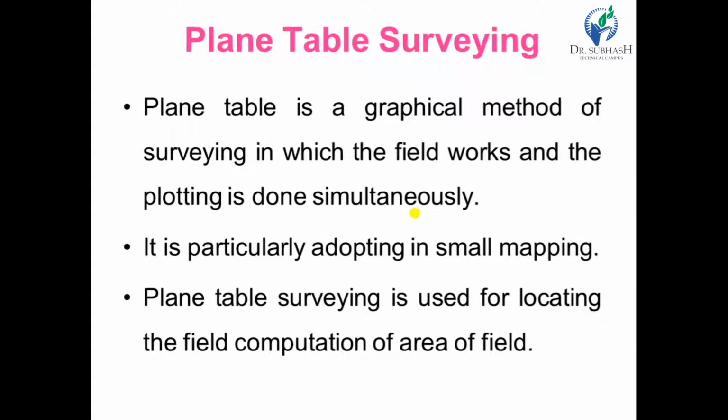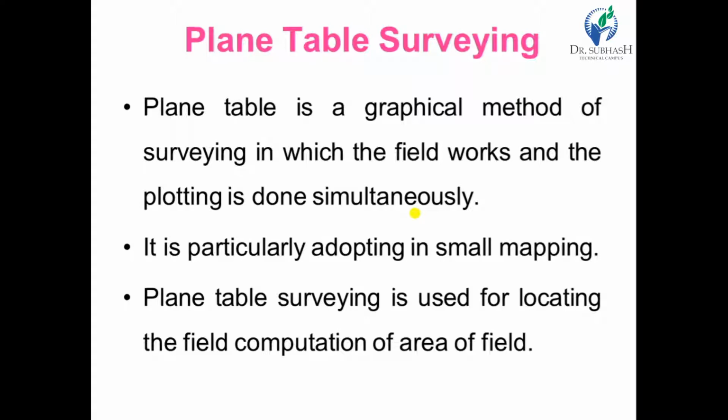The next method is plane table surveying, which is also a method of plane surveying. In this, we use the plane table and mark our points with respect to optical dimensions, with measurements taken by tapes. It is generally adopted for small scale mapping.